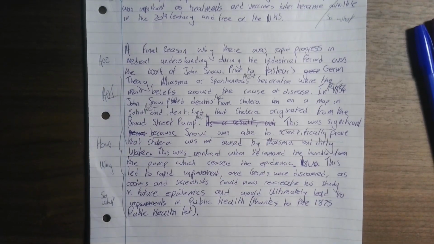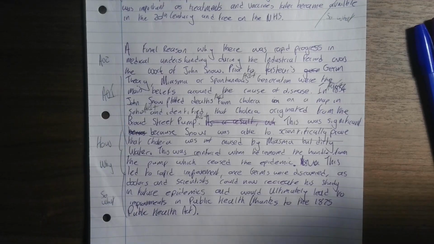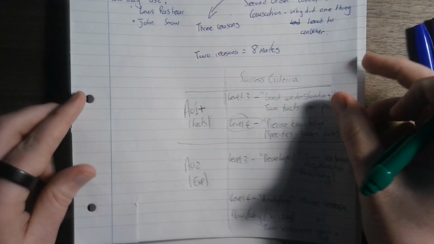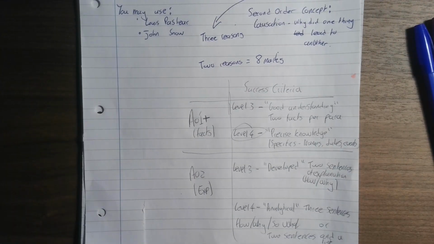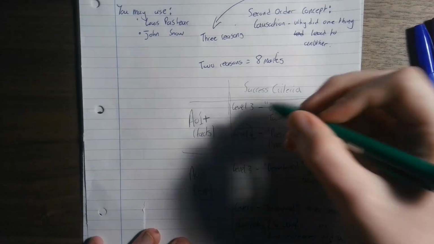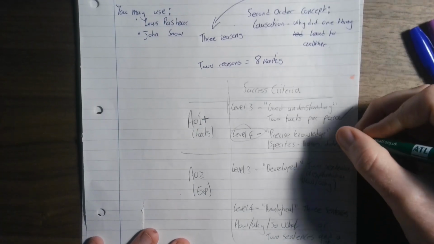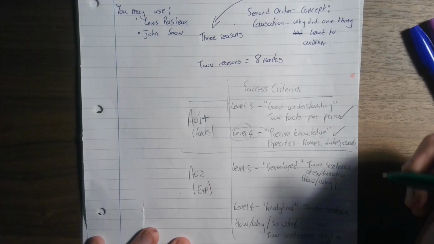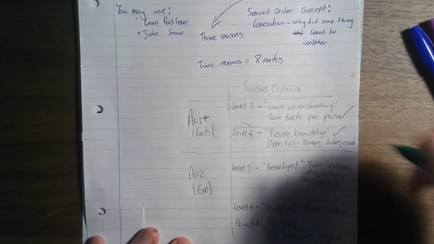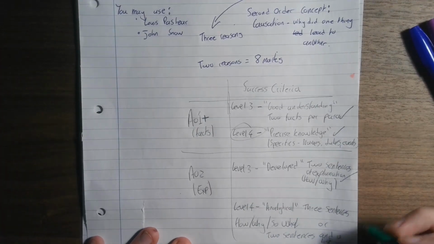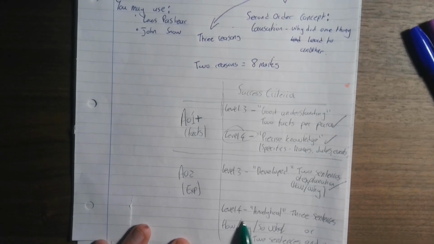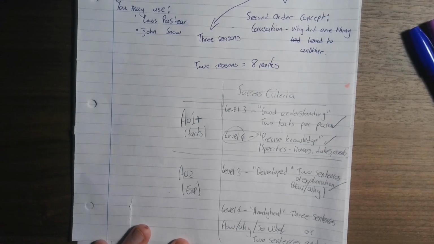So if I just go back to my success criteria here, so here it is here. So again, level 3, good understanding, 2 facts a paragraph. Well, I've definitely done that. Have I used precise knowledge? Yeah, I think so. Names, dates and facts. Level 3, develop 2 sentences of explanation. Well, I've definitely done that. Have I used analytical, so how, why, so what, or 2 sentences a link?